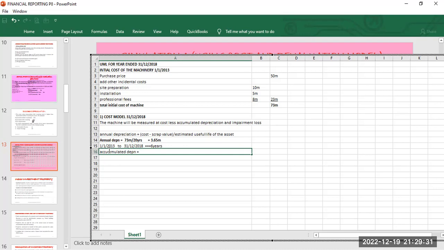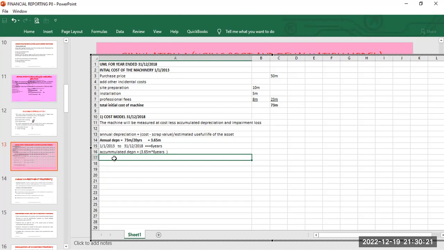This will be the annual depreciation of $3.65 million, which we multiply by 6 years to get the accumulated depreciation for all those years the asset was there. That's how we get the accumulated depreciation.